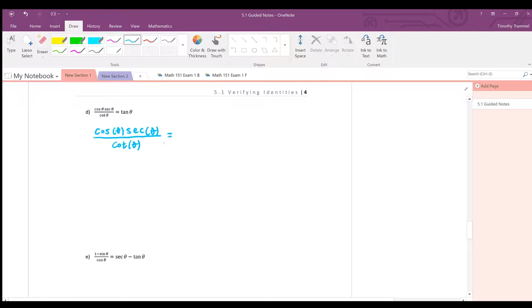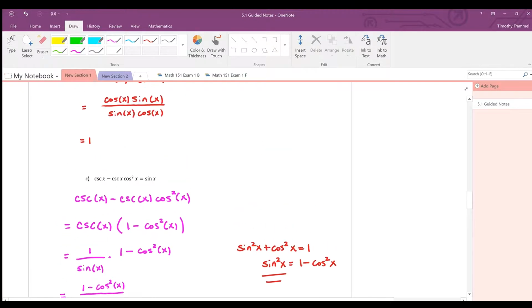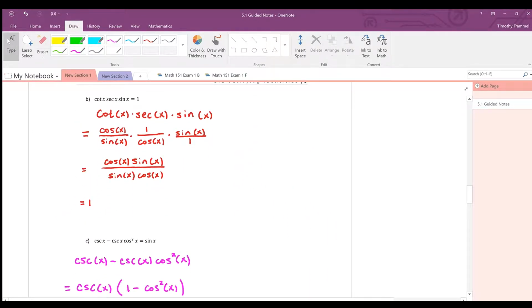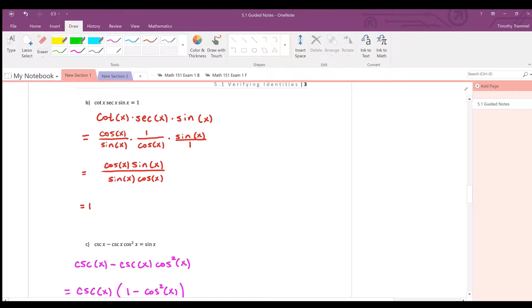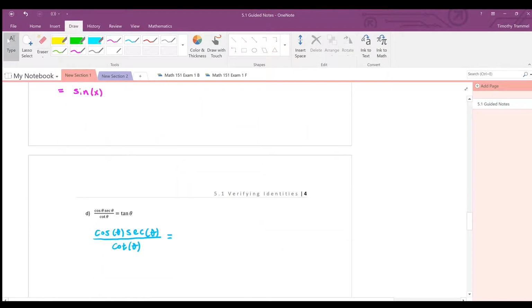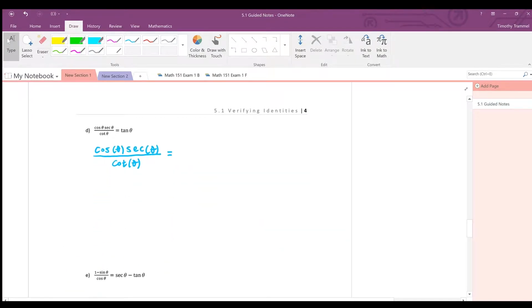And this one actually reminds me a lot of the second one we did, part B. Right? It just looks like it's a product of a bunch of sines and cosines if we rewrite things a little bit. And so this one really will be here too.